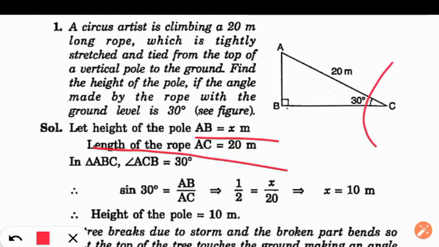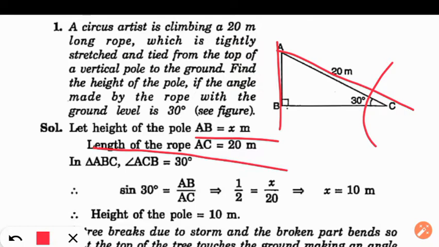Now, you need to consider the trigonometrical ratio where you are going to deal with the hypotenuse and perpendicular. See, in this triangle we know the length of one side only, which is the hypotenuse, and what we are required to find is the length of the perpendicular, that is AB.